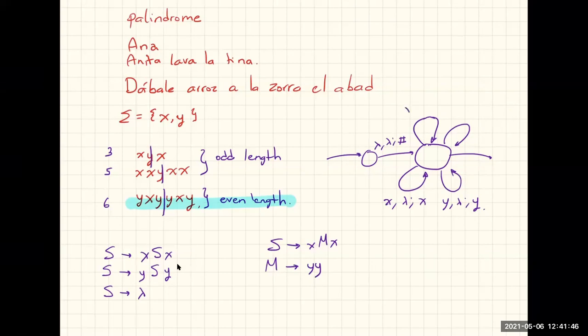We would have lambda, and then X is X and consuming S, or lambda Y is Y and consuming S, and finally the magical way of just inserting an S.